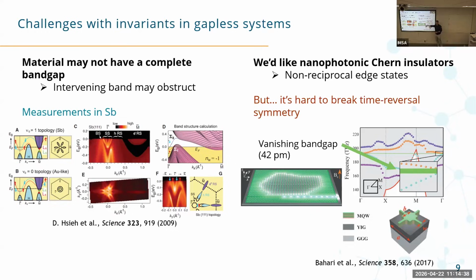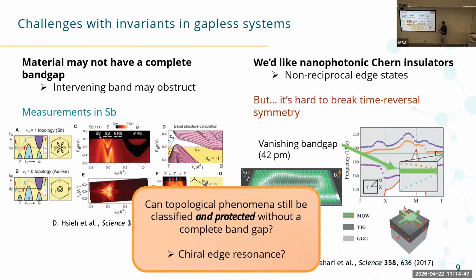So this is using a material called yttrium iron garnet, YIG, which is the best material we know of for creating something like a photonic Chern insulator. It gives you basically a vanishing band gap for these designs. So it would be really useful if we could rigorously classify topological phenomena and talk about its protection in the absence of a spectral gap.